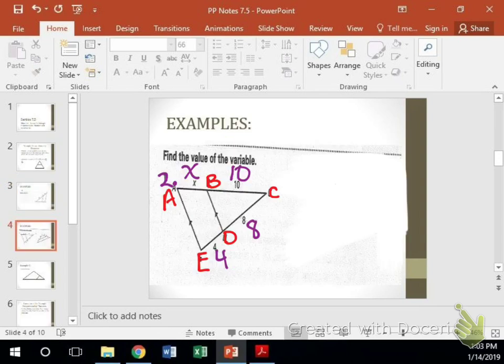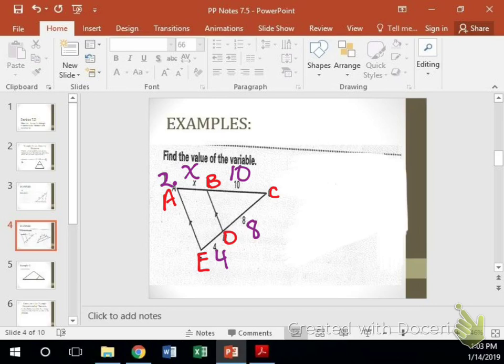All right, when we go to set up the proportion on this one, there are multiple correct ways to do it. Does anybody have an idea of what they want their proportion to look like? This is a letter D down here.